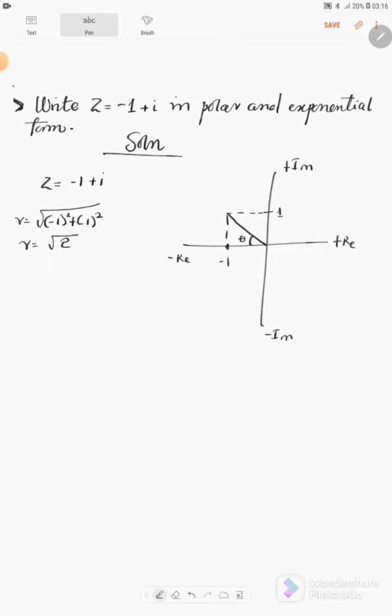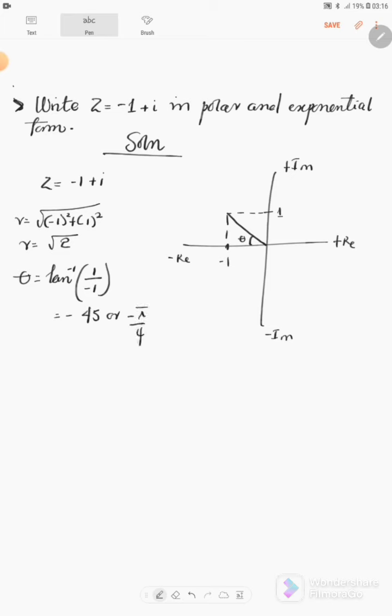Let's find our theta. Going on in the formula from above, tan inverse of b over a. That is tan inverse of 1 over -1, giving us -45, or minus pi over 4.